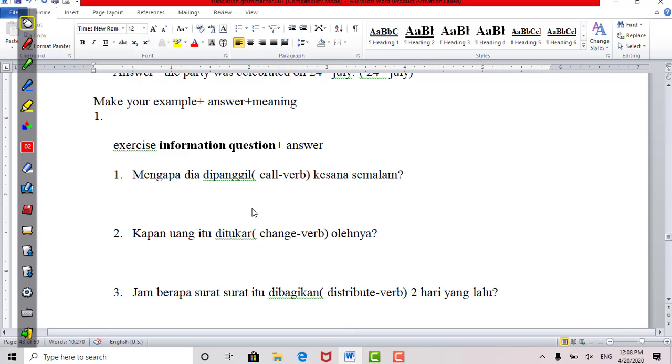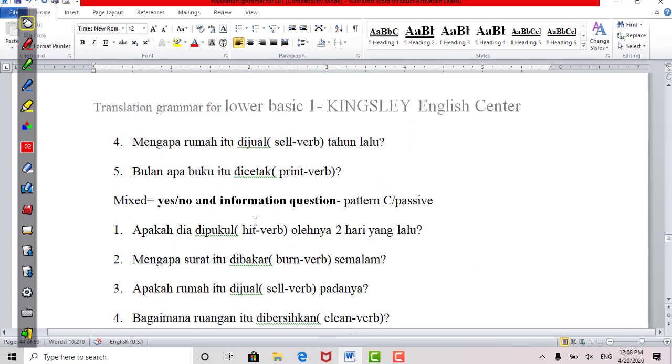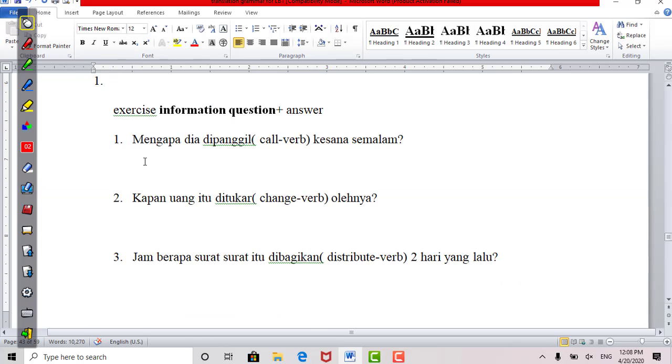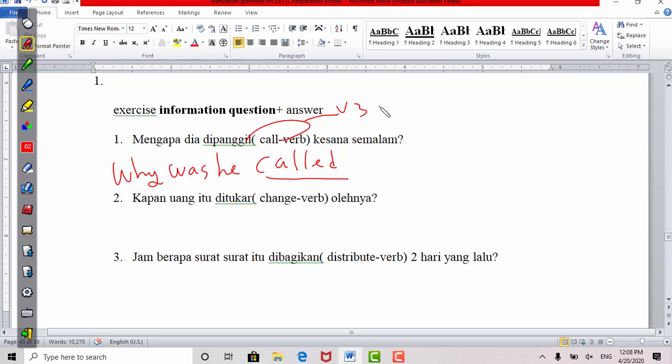Mengapa? Why? We use this one. WH question. So why? Dia dipanggil pakai was atau were. So we use was. Dia, maybe he. Why was he called, plus verb 3? Plus ed for called, verb 3. And then why was he called over there yesterday?